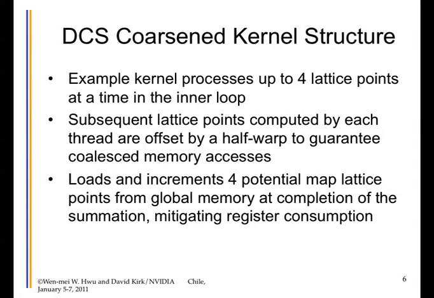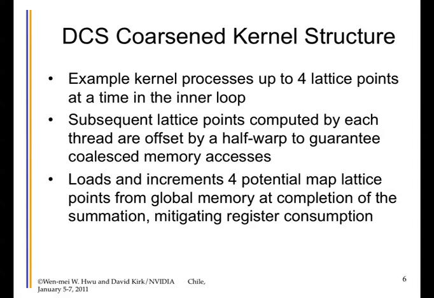In this case, 16 in the most frequent case, because half warp is 16 in CUDA today. And then you have these points that are multiple points away, and when you write out at the end of the computation, you'll have coalesced writes, coalesced writes, coalesced writes, and coalesced writes.